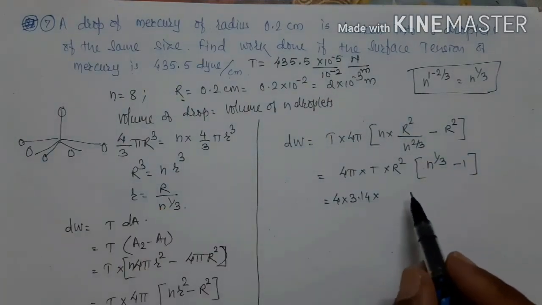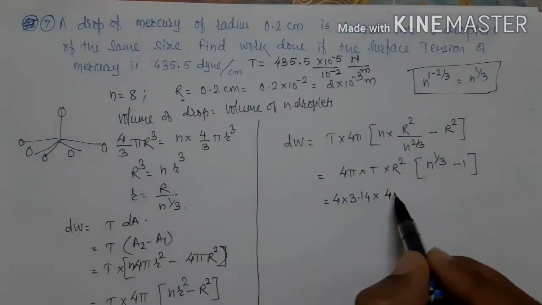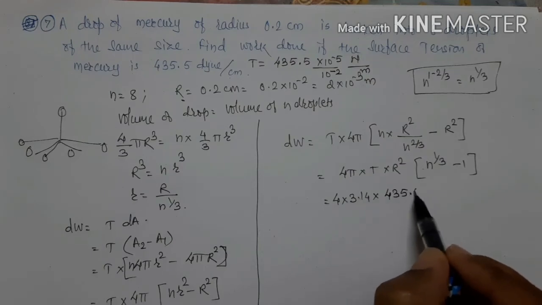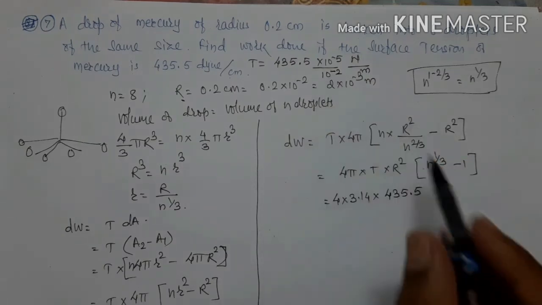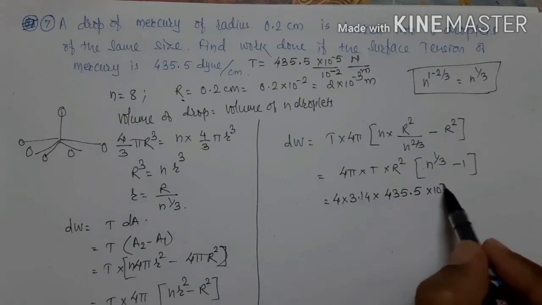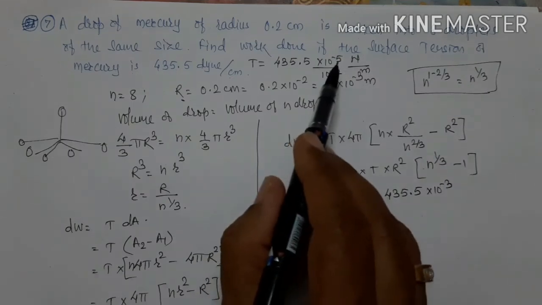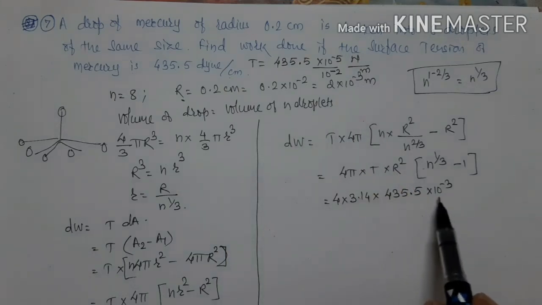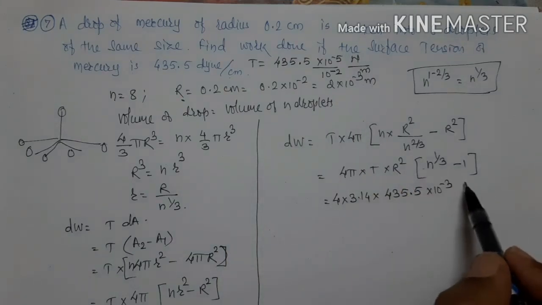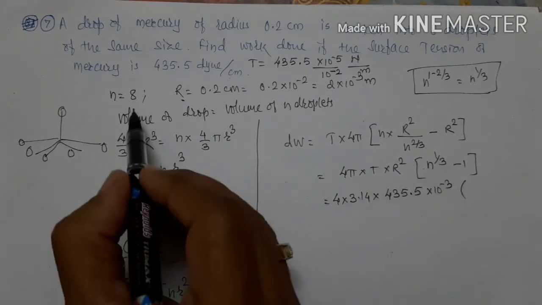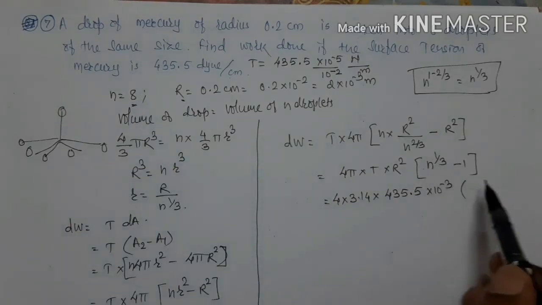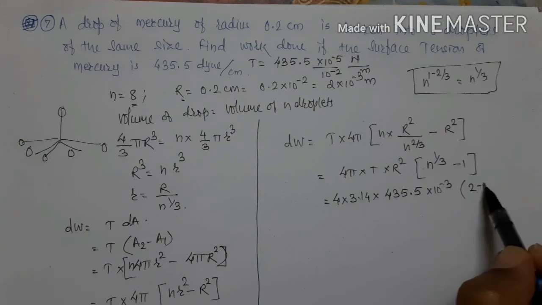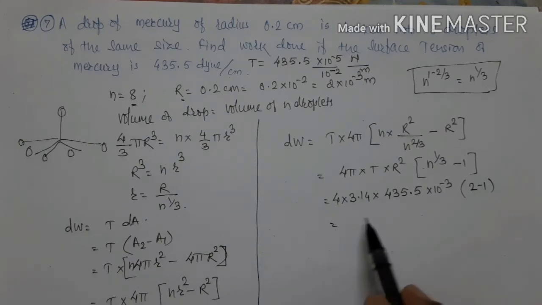Therefore, the surface tension comes out to be equal to 435.5 into 10 to the power of minus 3. Minus 5 in the numerator, it will be minus 2, so 10 to the power minus 3 we will write here, and n is 8 and the cube root of 8 is 2, minus 1, and the multiplication of these two.